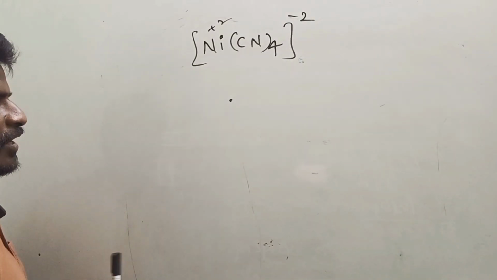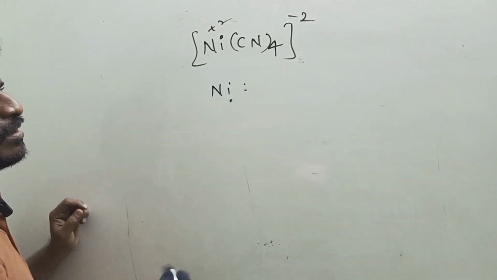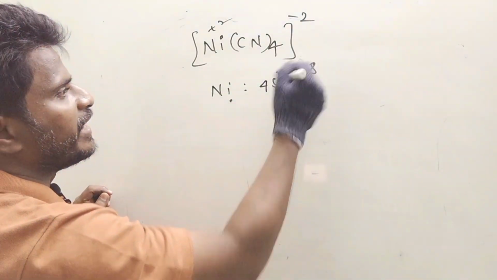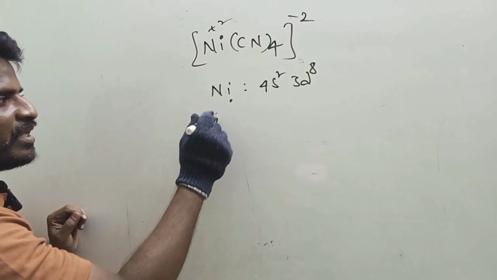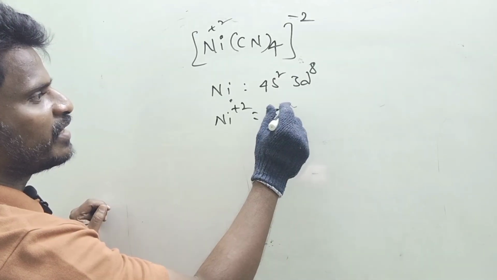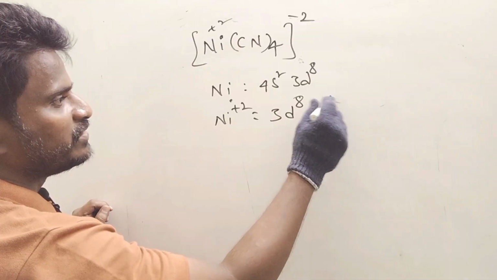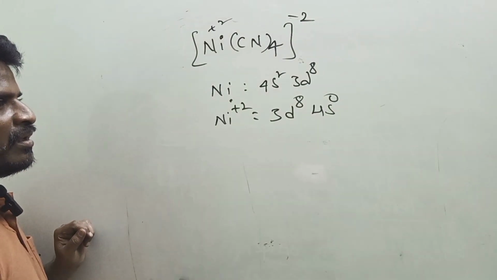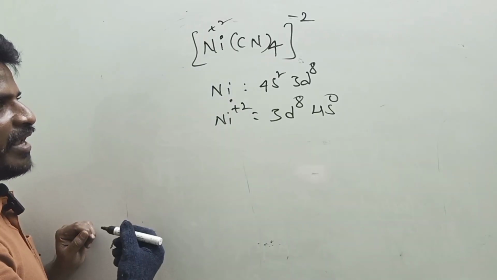Hybridization of this molecule. Valency electronic configuration of nickel is 4s2 3d8. In this complex, nickel is in +2 oxidation state, so remove 2 electrons from the 4s orbital. It has 3d8 4s0 electronic configuration. In this state, the compound is obtained.